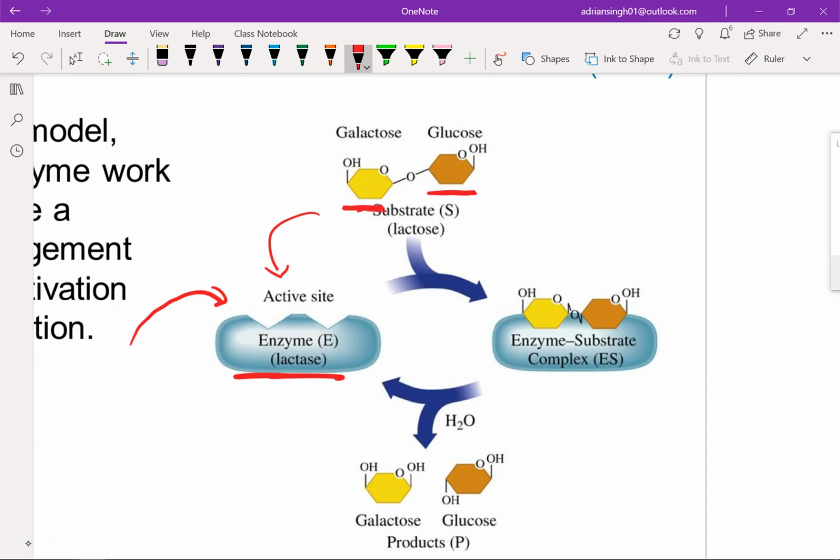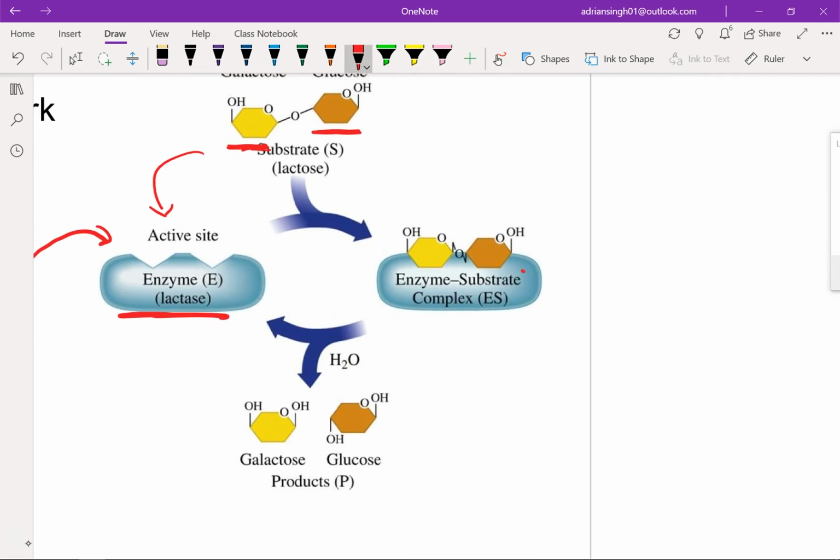But when the substrate comes close to it, what you'll see here is that the shape of the enzyme, so the enzyme active site, is flexible.